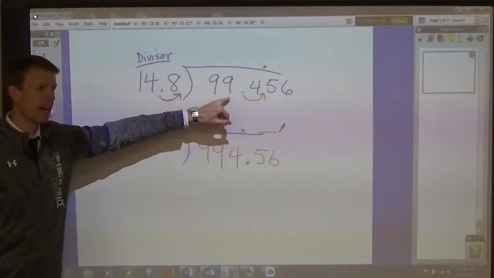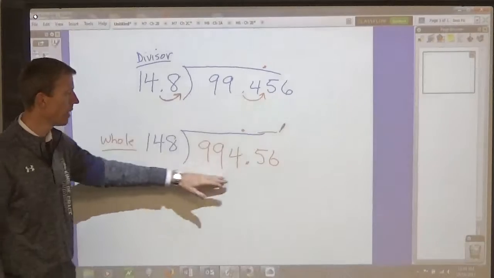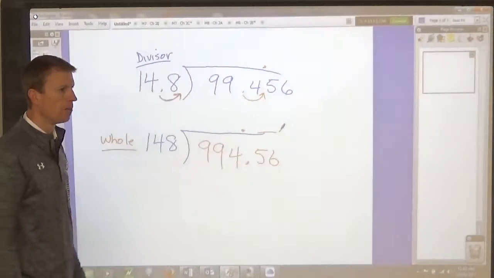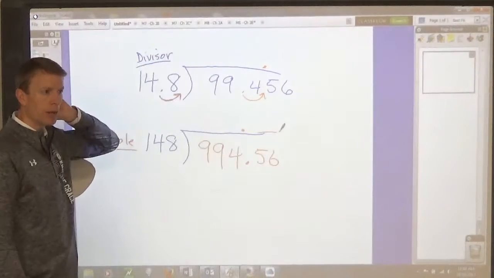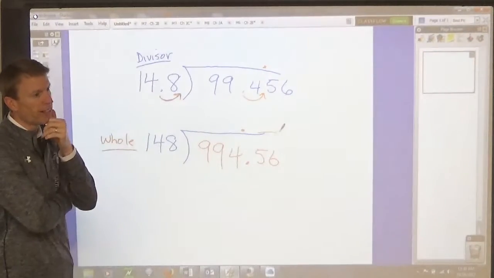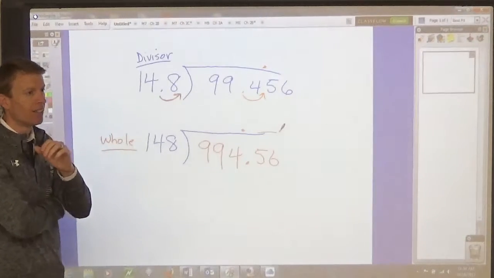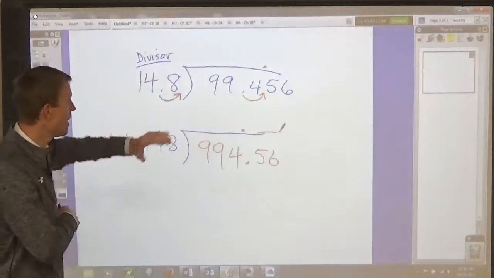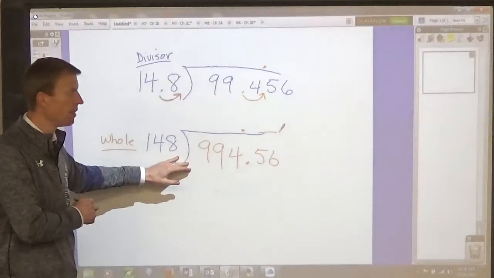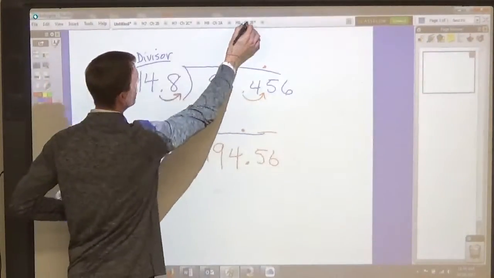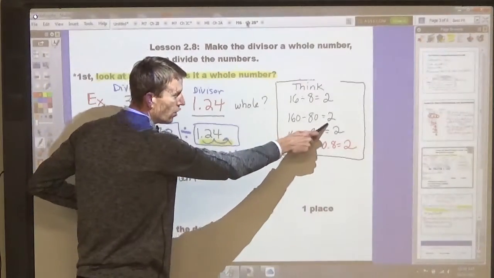Okay? Will it give us the same answer? That's why they teach you to do this, because this is an easier method. Will it give you the same answer? It gives you the exact same answer, just like I showed you in the notes. If you just add one place to both numbers, it gives you the same answer.